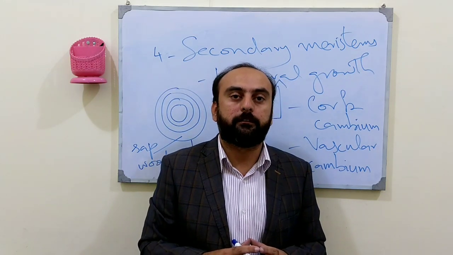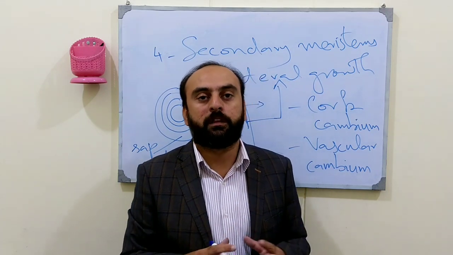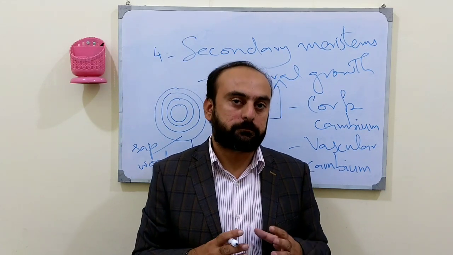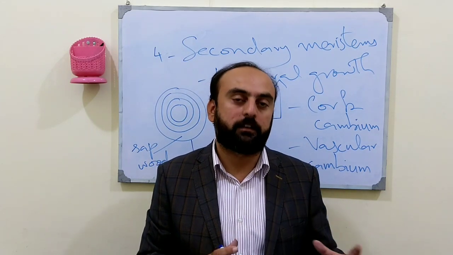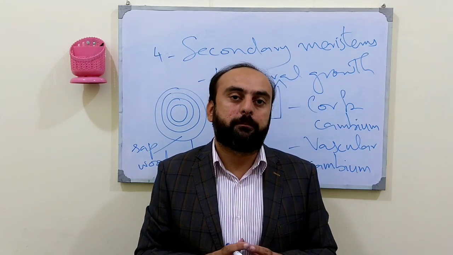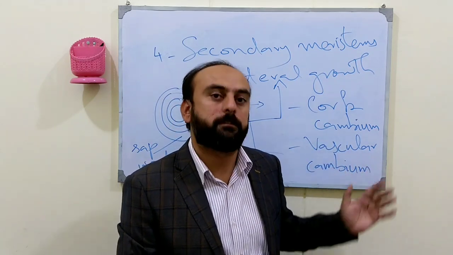They are located in specific parts of plants, and based on their location they can be called apical meristems, intercalary meristems, axillary meristems, or secondary meristems.